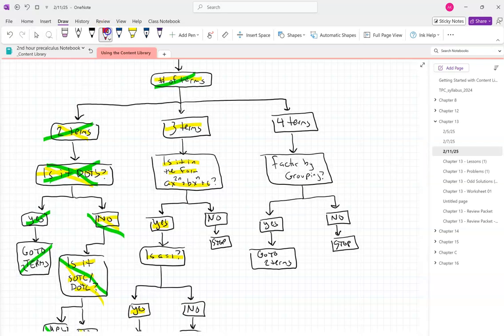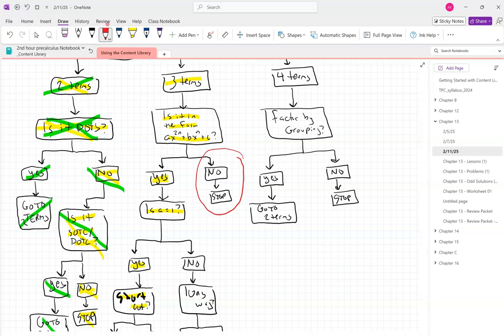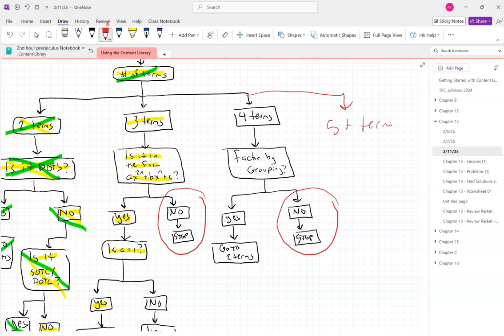There are some missing pieces, right? If I had something that was 3 terms but not in the quadratic form, I didn't have anything I could do with this. If I had something with 4 terms and I couldn't factor it by grouping, I didn't have anywhere else to go. If I had 5 or more terms, there's nothing for me to do with this.